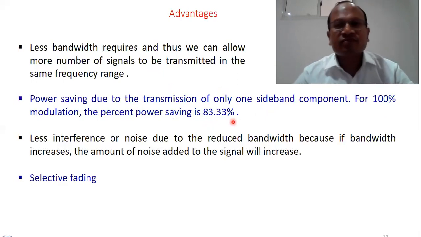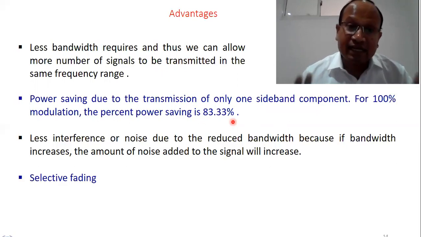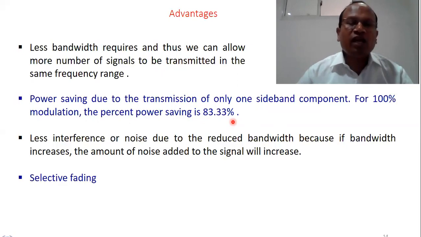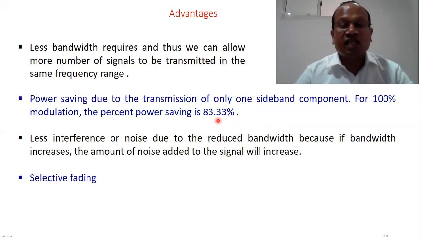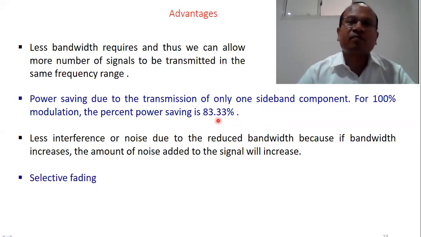83.33%. Power saving is 83.33% when only one sideband is sent and the carrier and the other sideband are suppressed. Can you understand this?